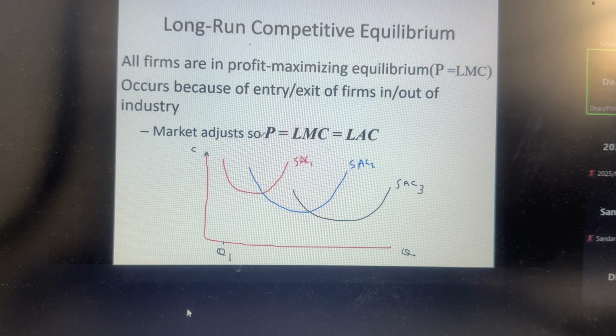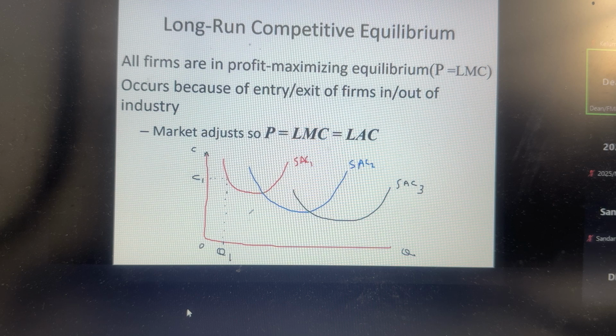Because to go for medium and the large one, you need to bear extra cost, because increasing the size of the company, definitely. If you want to produce a small amount, the small plant is better, then you can produce that amount with C1 cost.